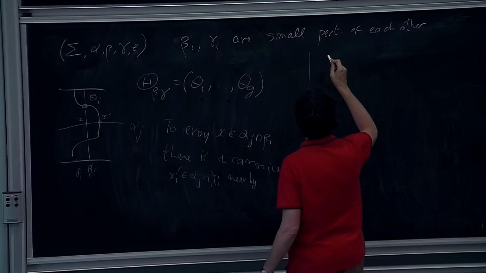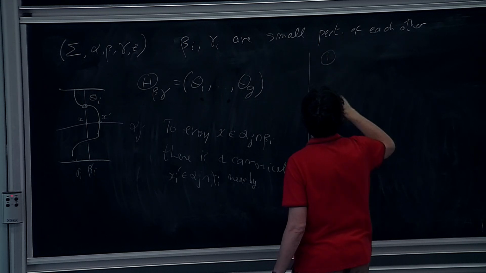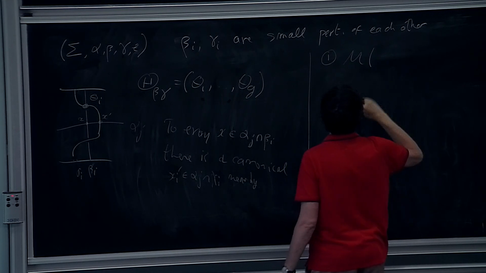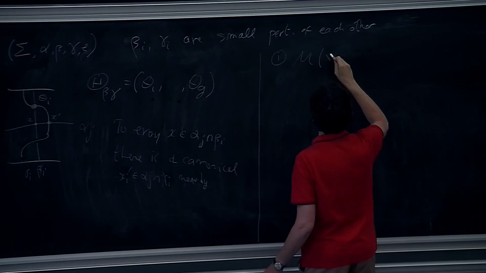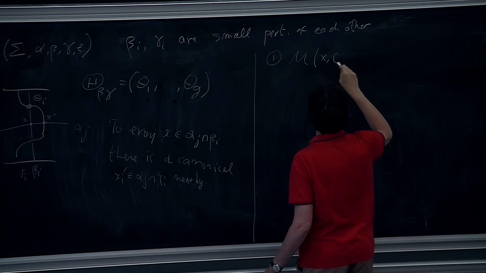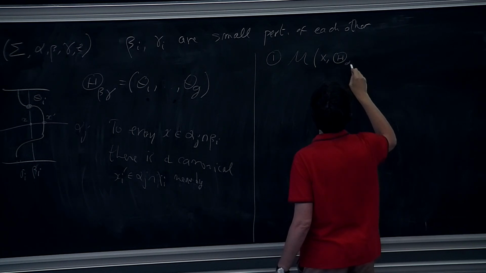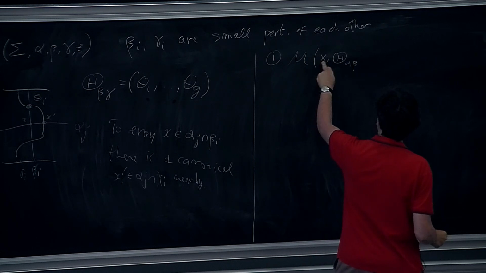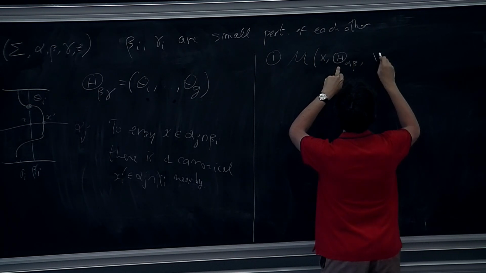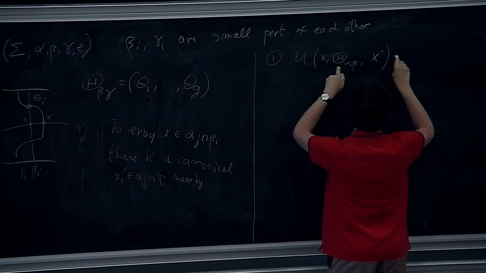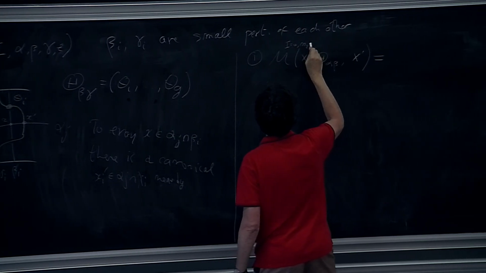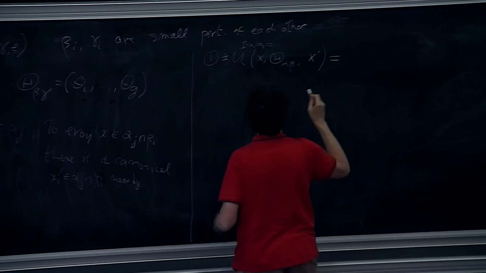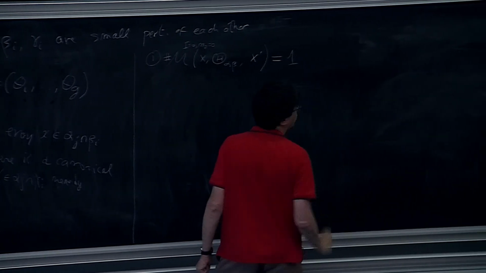So now I claim the following. The moduli space of Heegaard-Floer triangles with vertices in x, theta, and x prime, taking I equal to 0 and z equal to 0, has cardinality equal to 1.